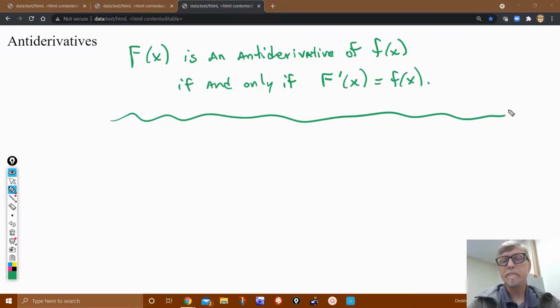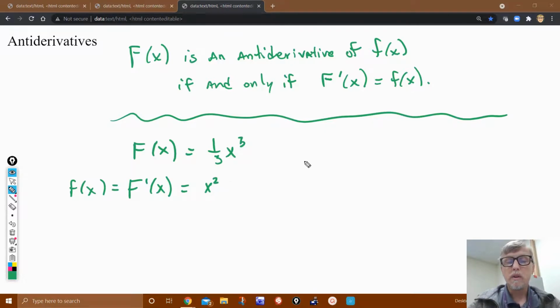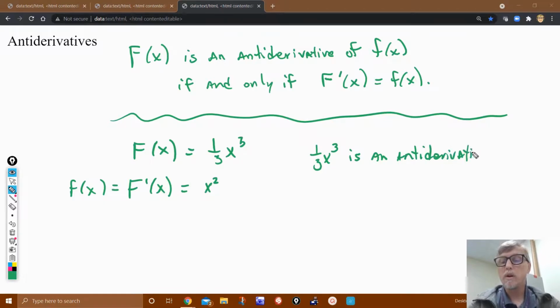So, for example, if I had 1/3 x cubed, what is the derivative of this? It would be 3 times 1/3, which is 1, x squared, right? So this means that 1/3 x cubed, and it's not the only one, is an antiderivative of x squared. Okay, so it's the backwards way of doing this.